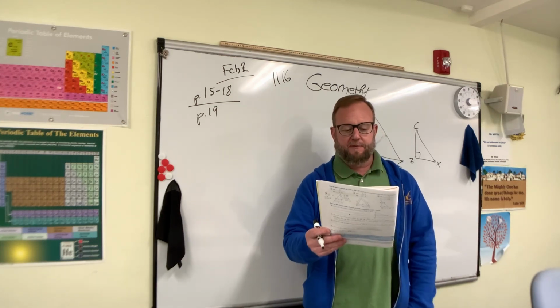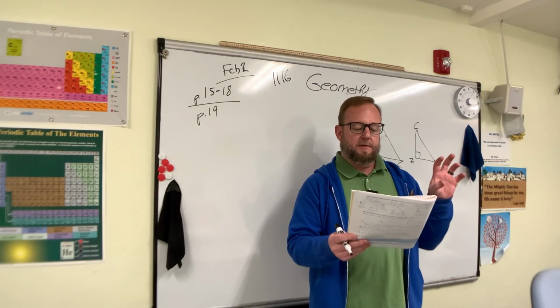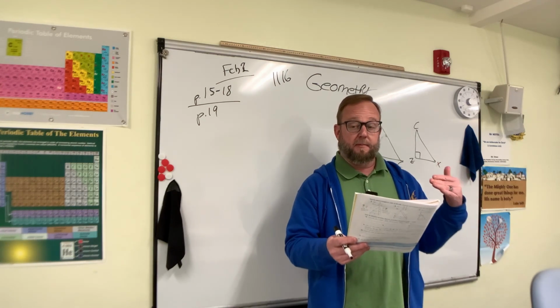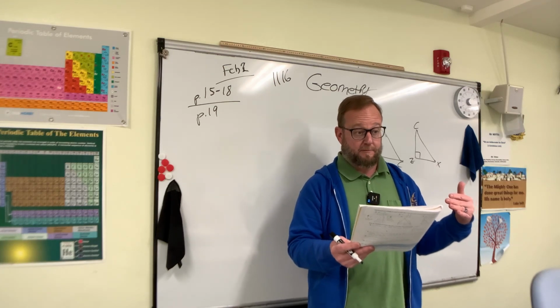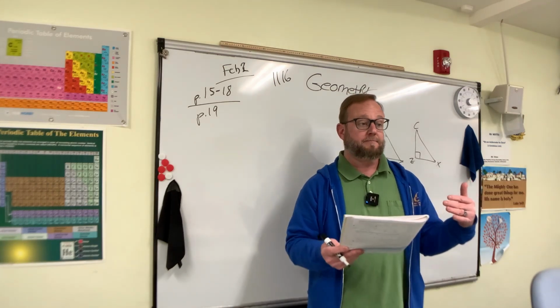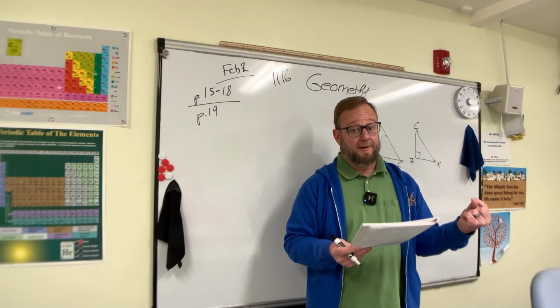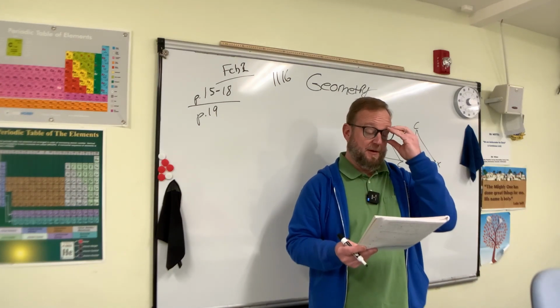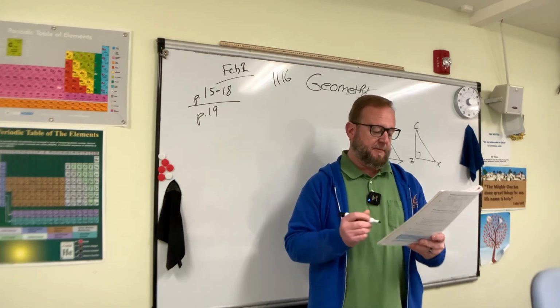There's a second proof at the bottom of the page where you've been given TU parallel to RS. Now that sounds a lot like which theorem? Theorem 87 Corollary 2? The one that you've got two parallels? Yeah, it does. Well, they gave that to you. That's in your given.